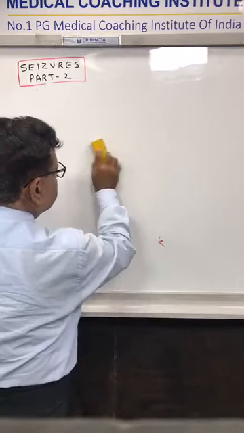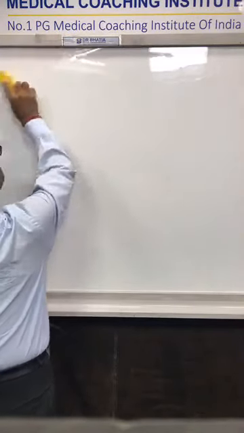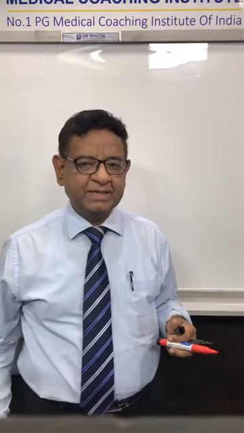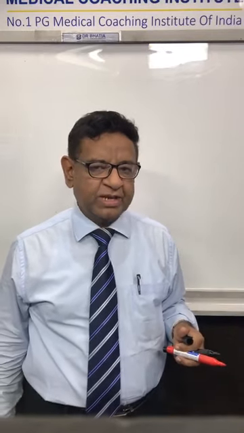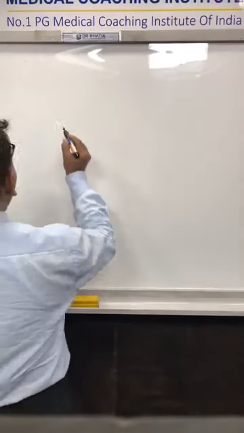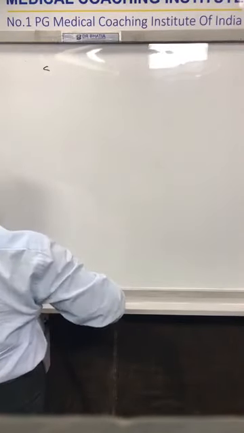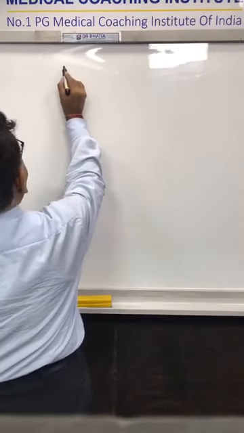Now we talk about the difference between syncope and epilepsy. Whenever you are being talked to or asked about epilepsy, unless proved otherwise, they are talking about generalized tonic-clonic seizures. So let's talk about the difference between syncope and generalized tonic-clonic seizure.